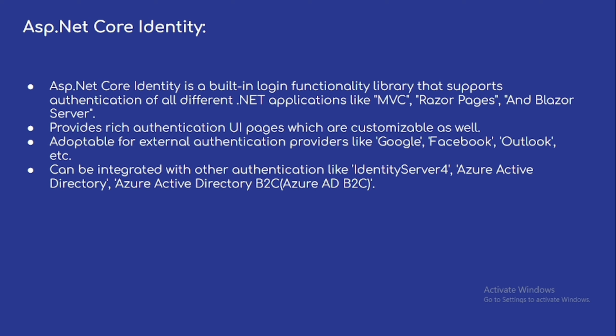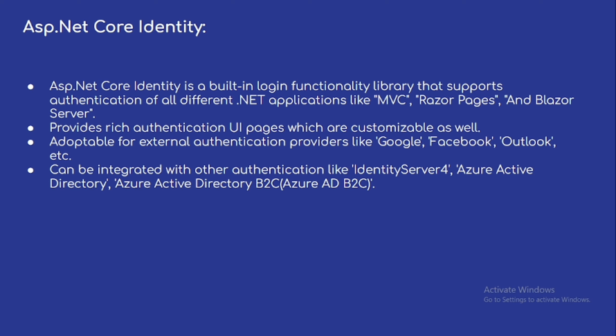All these examples I have mentioned are already default authentication applications. So in those applications also, we can use the ASP.NET Core Identity library inside of it. So that's all about the basic introduction on ASP.NET Core Identity.